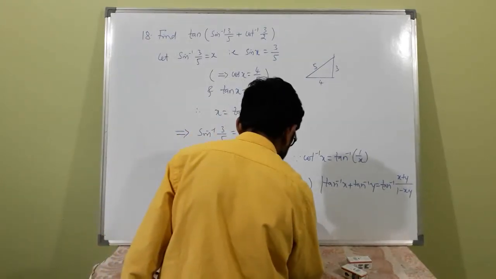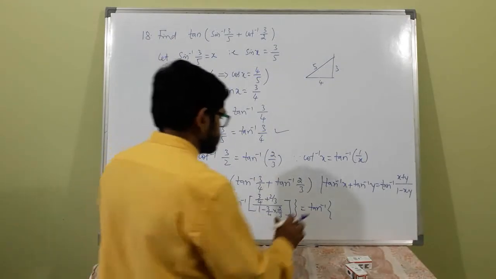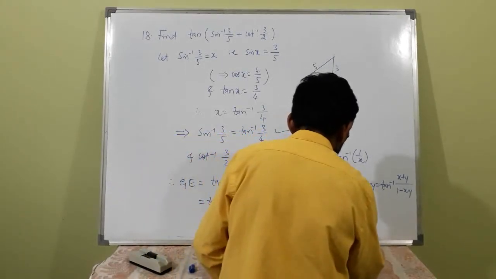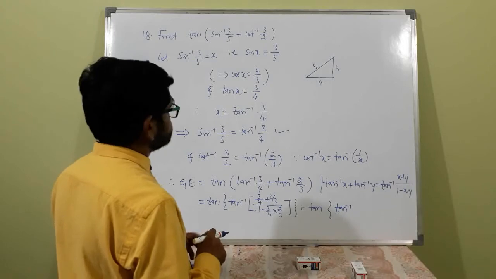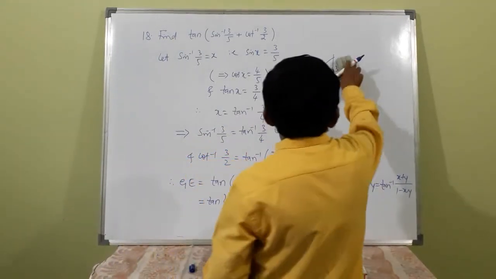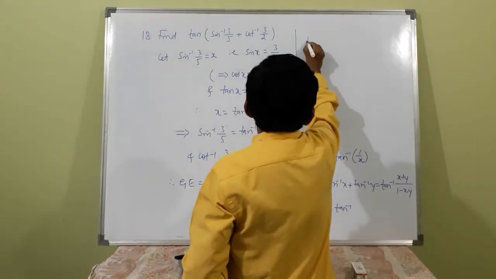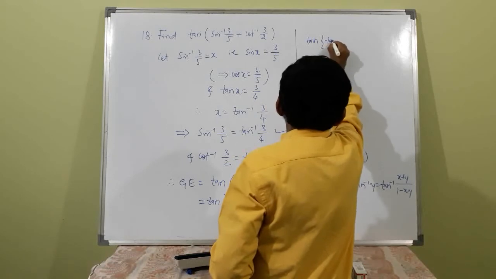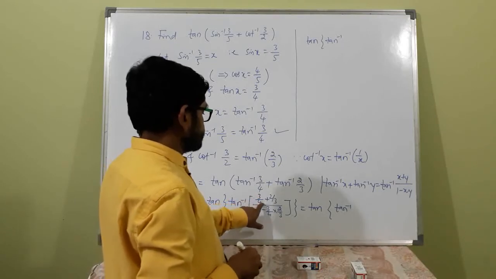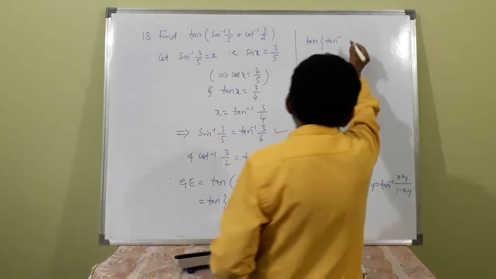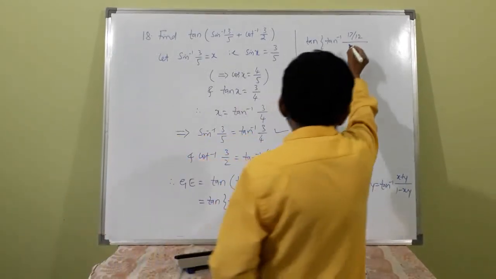That is equal to tan of tan inverse of, see here, this reduces to LCM of 3 and 4, that is 12. 12 means 9, this is 8, 17 by 12, divided by, this is 12 minus 6, that is 6 by 12.